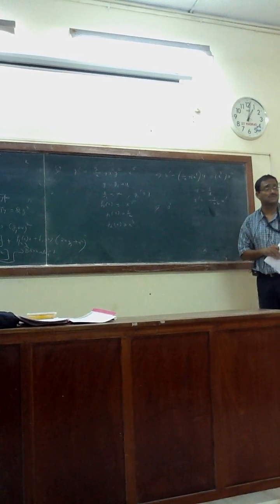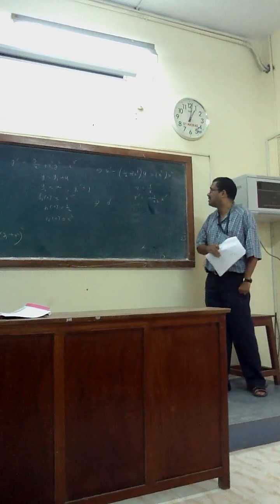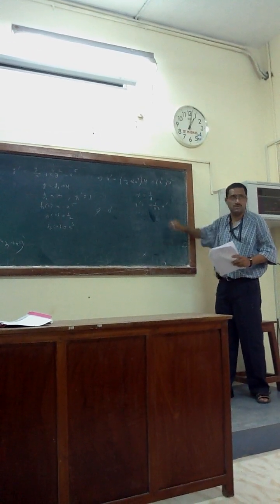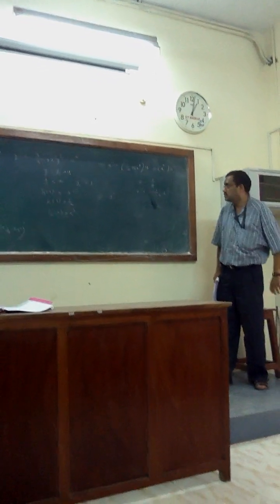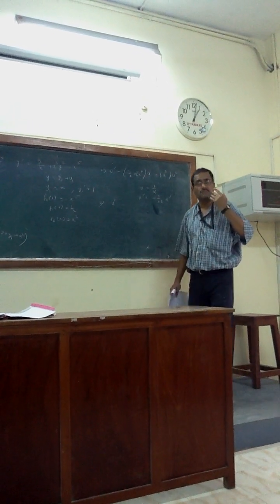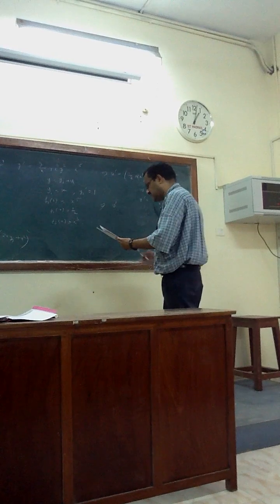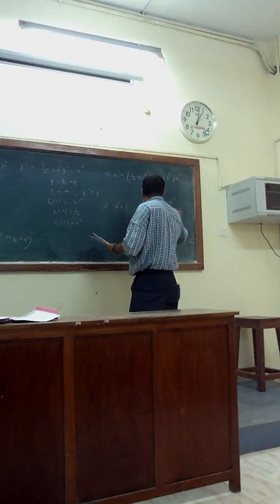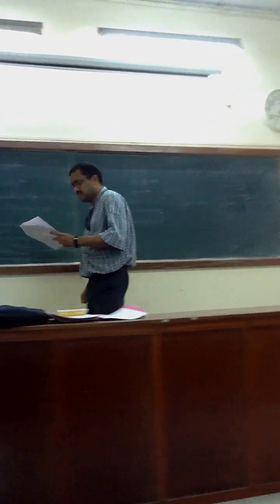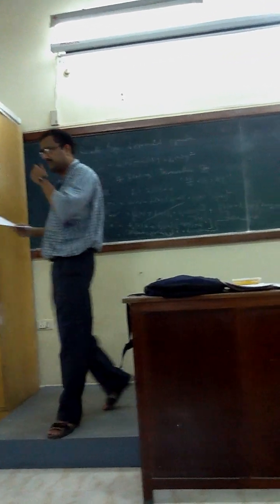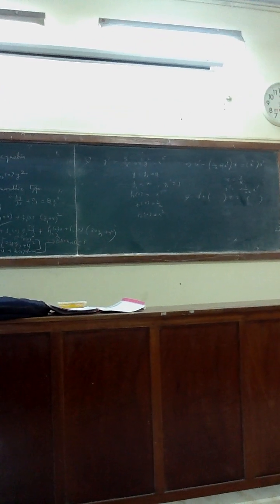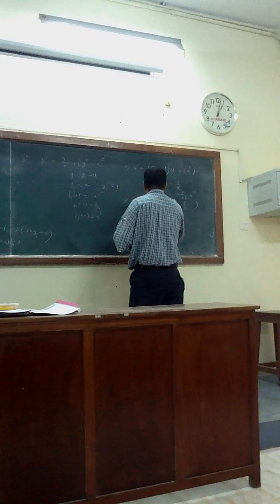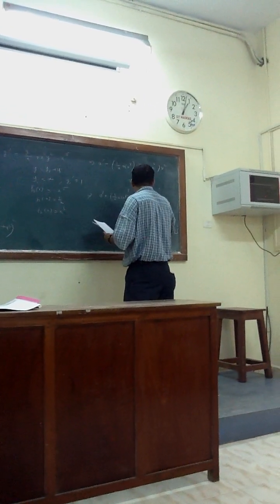If you don't try to remember, just there's a gap. v prime plus 1 by x, 2x to the power 4 minus x cube. Am I correct? Okay. This is your dy/dx plus py equals q term.